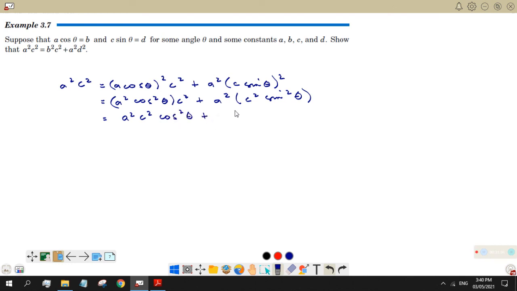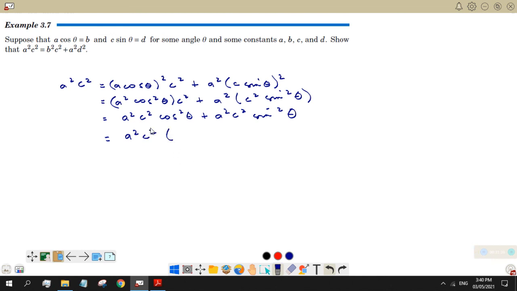At saka, dito sa kabila, we have A squared, C squared, sine squared theta. Okay, now let's factor out the common elements. Ano yung common sa kanila? So, both of them has A squared, C squared, right?